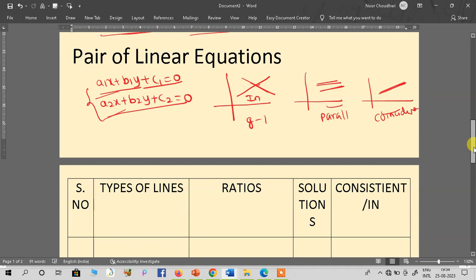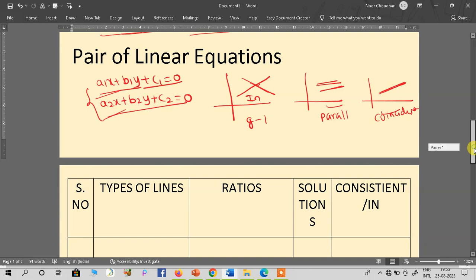So for a pair of linear equations, without putting them in a graph, can we say that they are intersecting, parallel or coincident? Yes, students, this is possible.